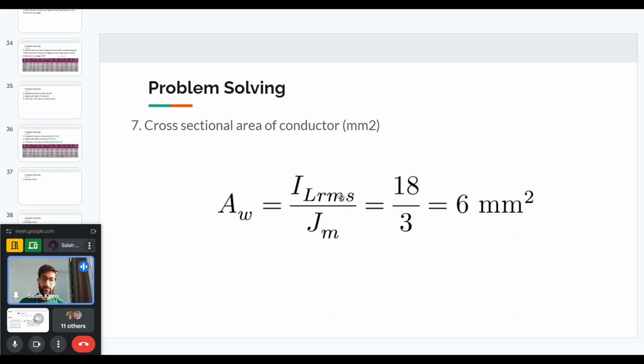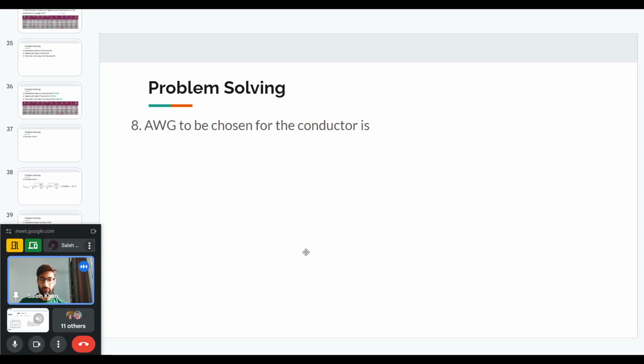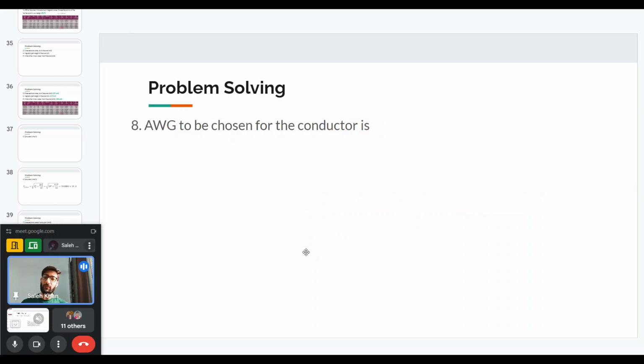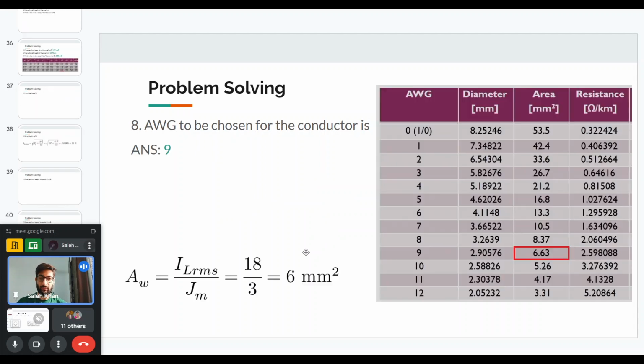So this is based on the RMS current as well as the current density that was already given in the specifications. So now once we have the cross-sectional area of the conductor, so that is the individual wire, then we can choose an AWG. So again, we can see the data that was given in the lectures.